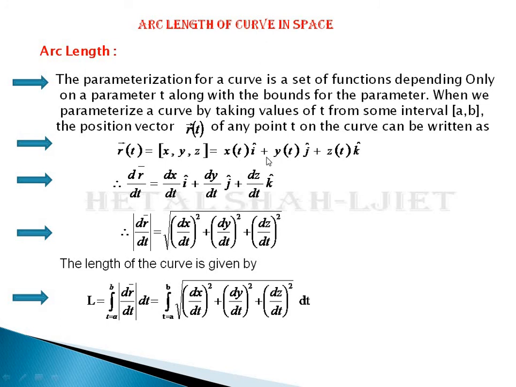Students, it is very easy, and remember this is our position vector. Only three steps are there. First, find the derivative with respect to t, then find the modulus, and the next is to integrate your modulus with respect to t with your given boundary. This is one method to find the arc length.